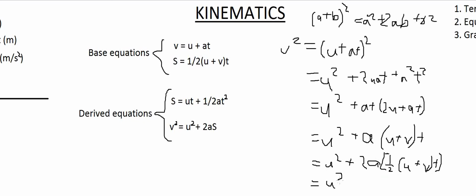So v squared equals u squared plus 2as. There you have it.